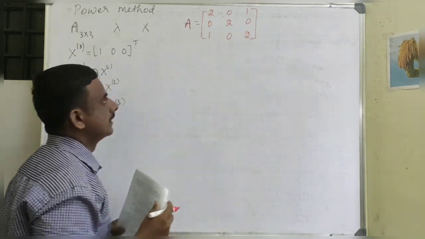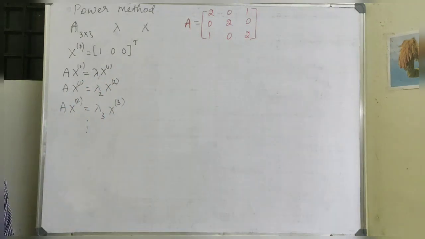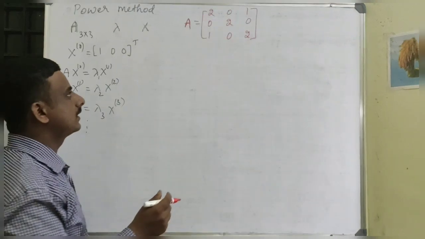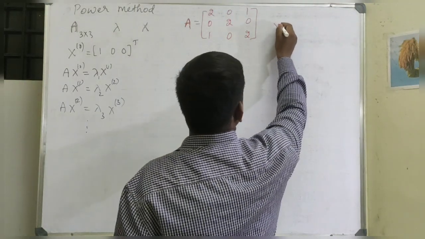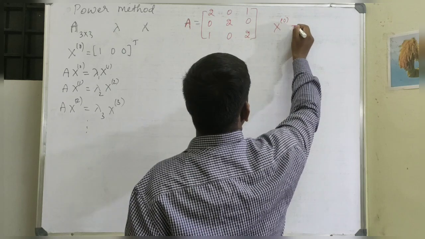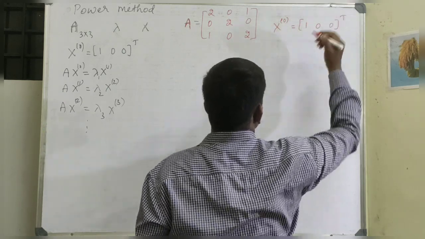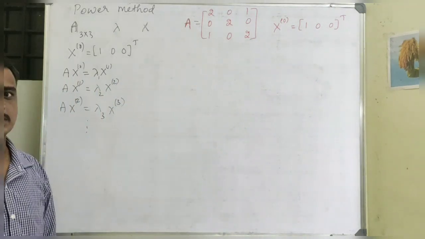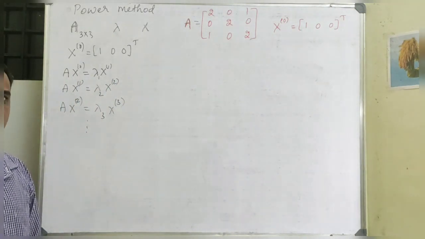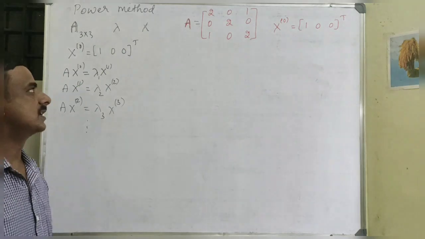So this is the given matrix, and the initial approximation is not given. So we have to take the initial approximation as x0 equal to 1 0 0 transpose. Either you can take 1 0 0 or 0 1 0 or 0 0 1 transpose.